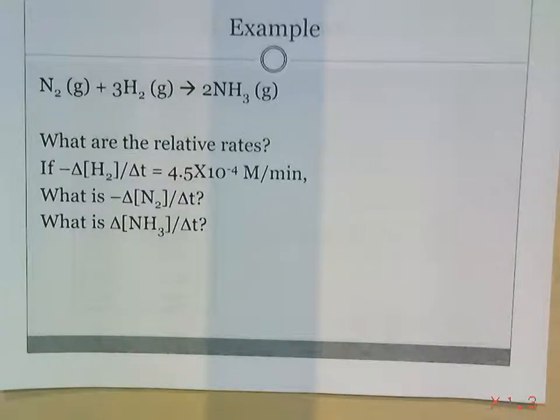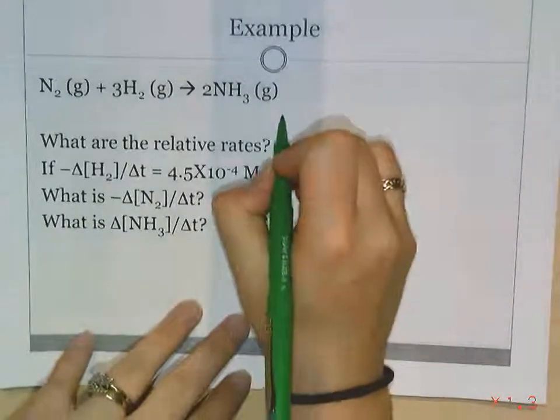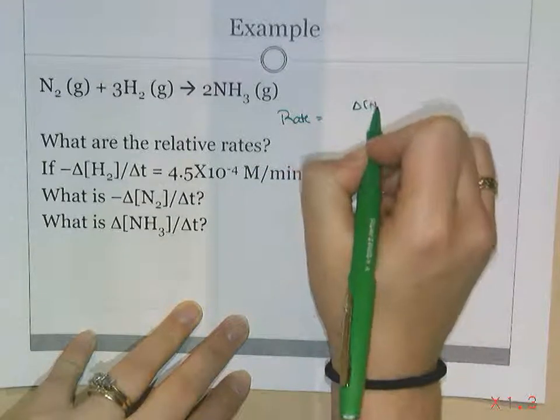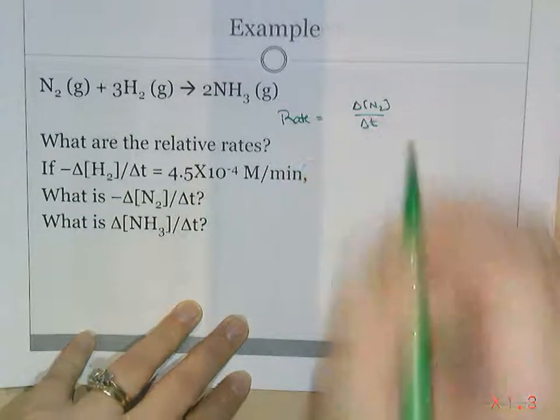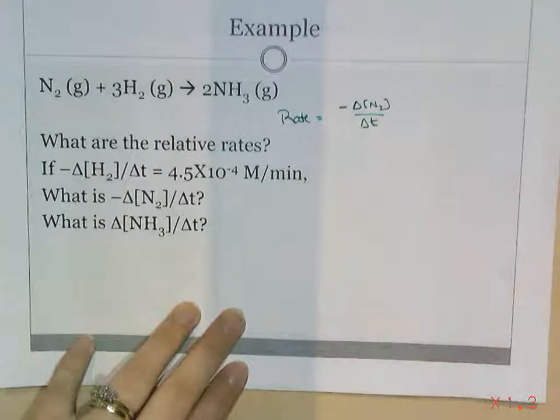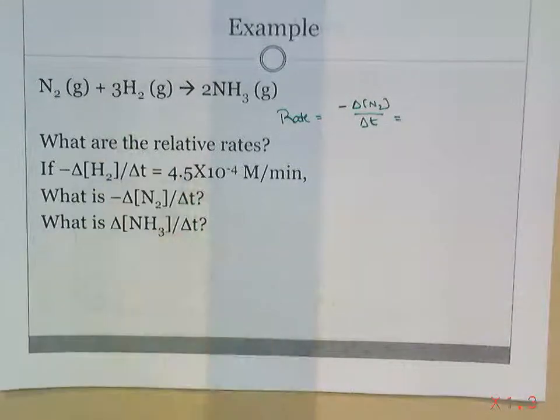So how about we start off with nitrogen. All right, so if that's my nitrogen, does it have a fraction associated with it? Does it have a sign associated with it? Yes, it needs to be a negative. All right. How about hydrogen? What does hydrogen need in this equation?